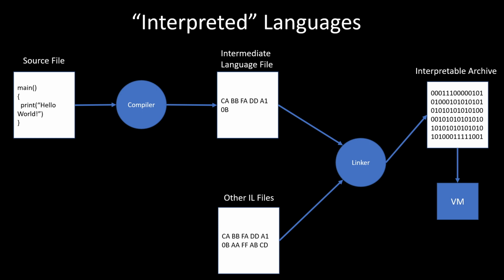There are some languages like Python that take this to the extreme. Python doesn't even compile anything, it just interprets your text file. The Python virtual machine, so to speak, interprets your text file, it doesn't even compile into an intermediate language. It just interprets your source code and runs it.